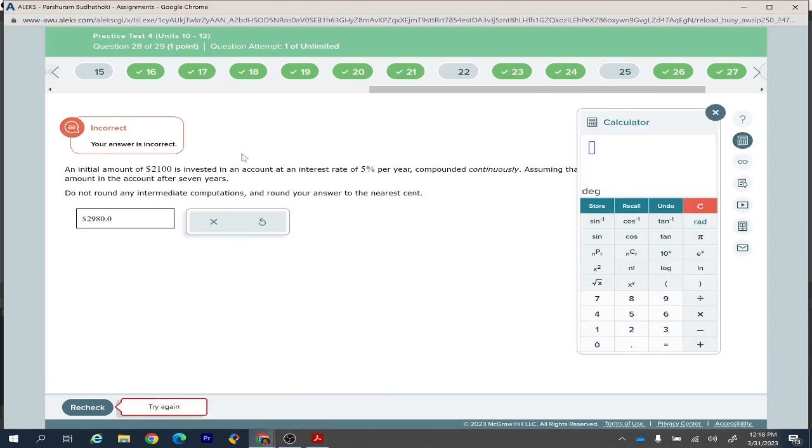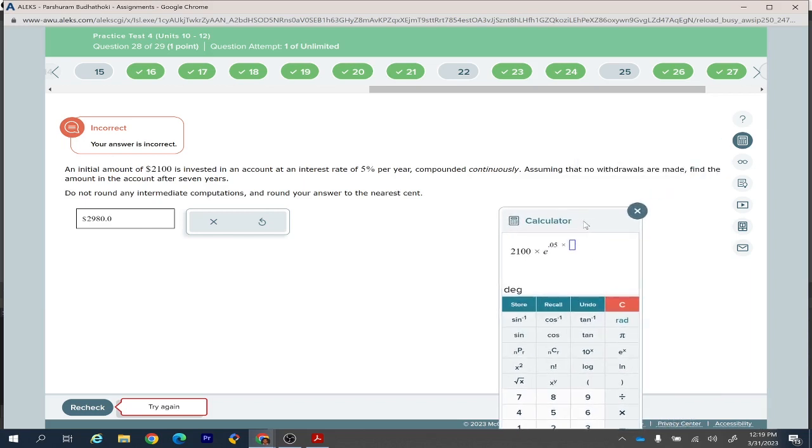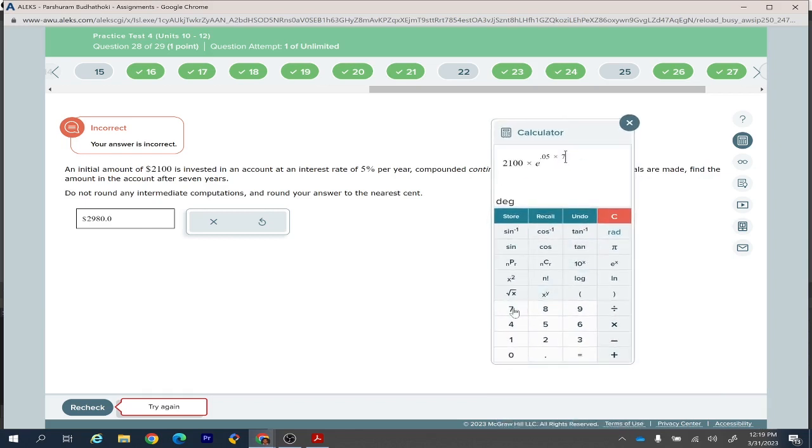I just typed 2,100 times e to the power 0.05 times compounded continuously 7 years, 7, yes, equals 2980.04.